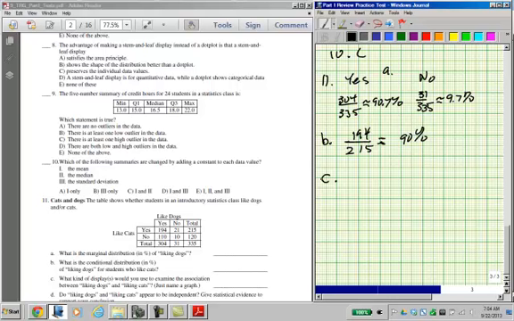Well, you're comparing liking dogs and liking cats. So probably the best thing would be a segmented bar chart. Segmented bar charts are the best thing for this kind of table.